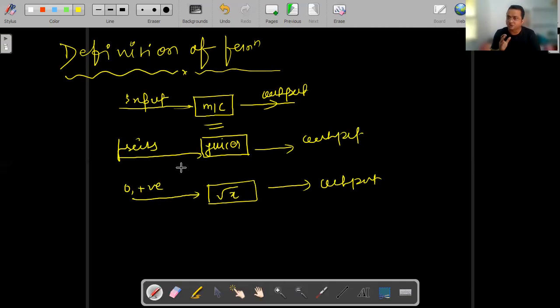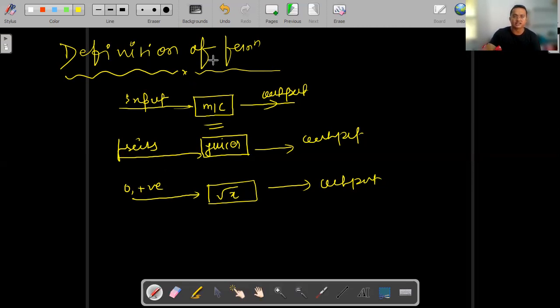No, if you have to get proper output, then you will have to put some specific input. This is how we can define the function practically, and how you can relate it with our daily life. Getting this? Okay.